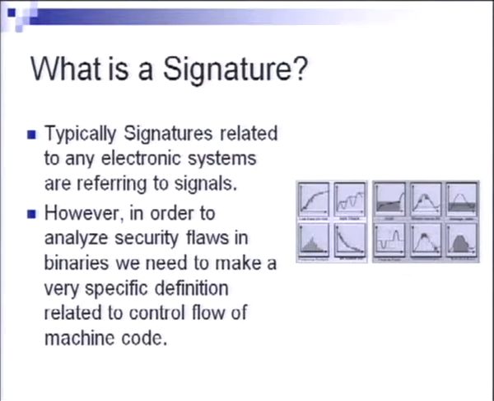And for the second point, we have a very specific definition that's related to the control flow of machine code. Since this is binaries, we can't just look at the source code, right? Because we don't have the source code.